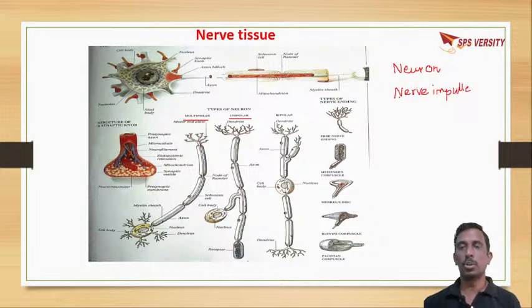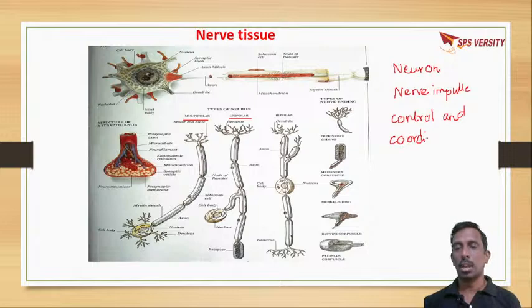It plays an important role in control and coordination. So this is about the various types of animal tissues. In animal tissues, we have studied 4 types of tissue.